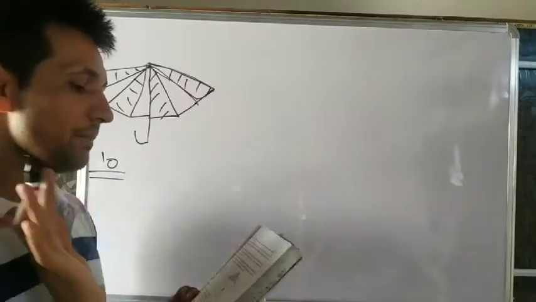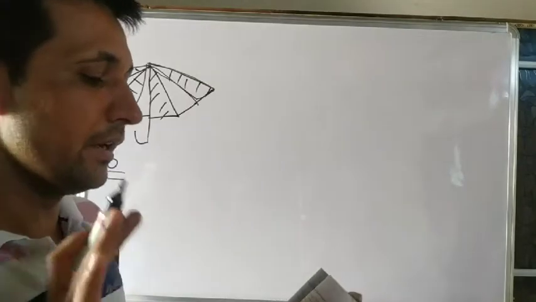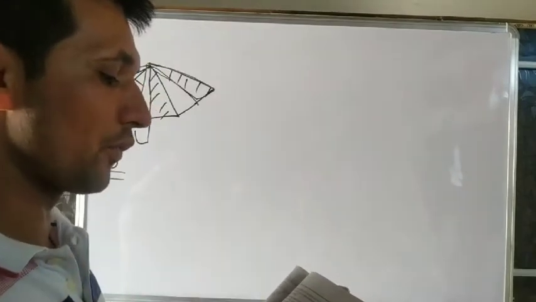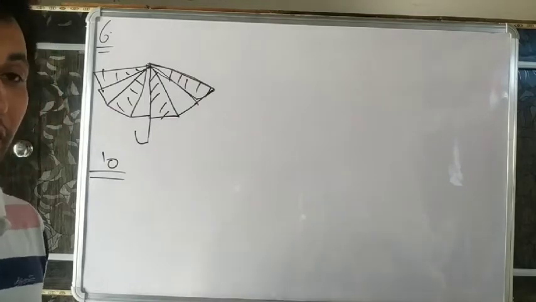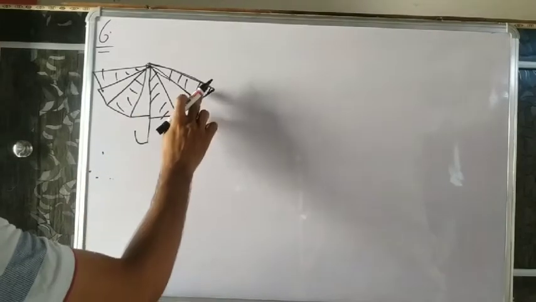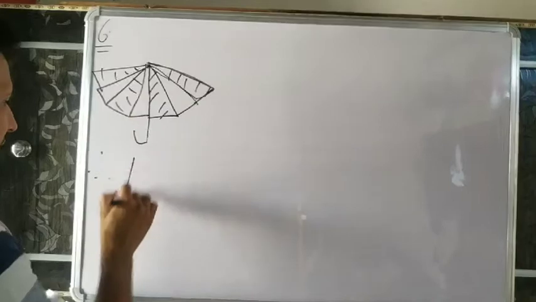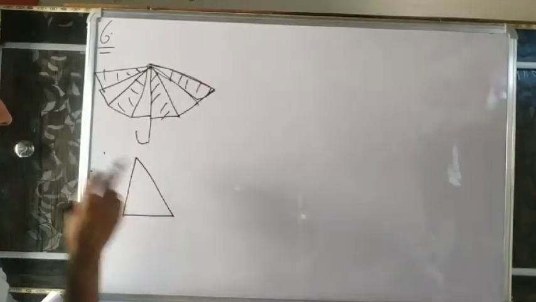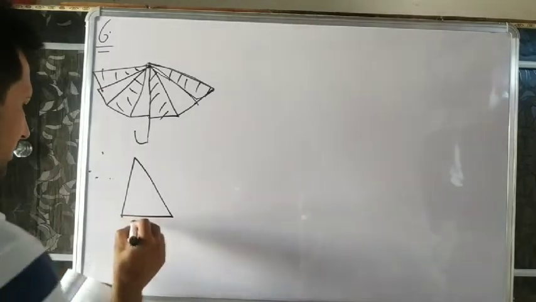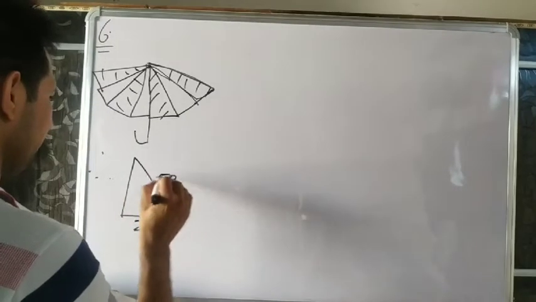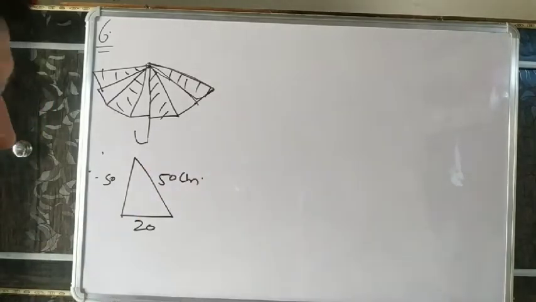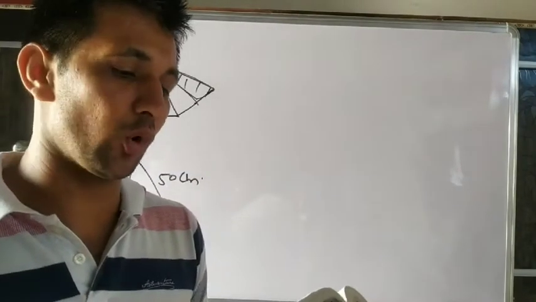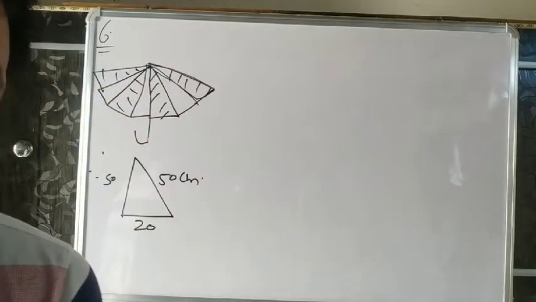An umbrella is made by 10 triangular pieces of cloth of two different colors, each piece measuring... each piece, how many pieces? 10 pieces. So each piece is the shape of a triangle. Each piece is measuring how much? 20, 50 and 50 centimeter. Now we have to find how much cloth of each color is required for the umbrella.